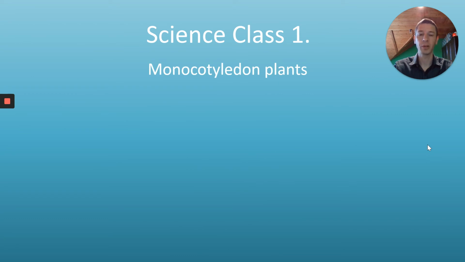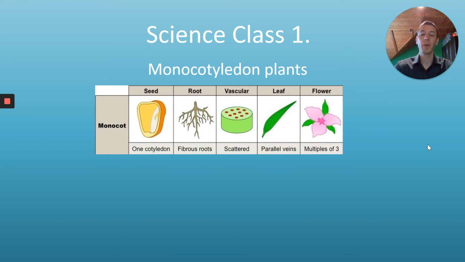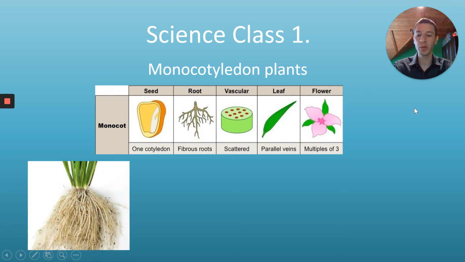Now, what are the features of the monocotyledon plants? We already know that inside the seed there is only one cotyledon. When you look at the roots, they look very fuzzy. We call them fibrous roots. The vascular bundle inside the stem is scattered.